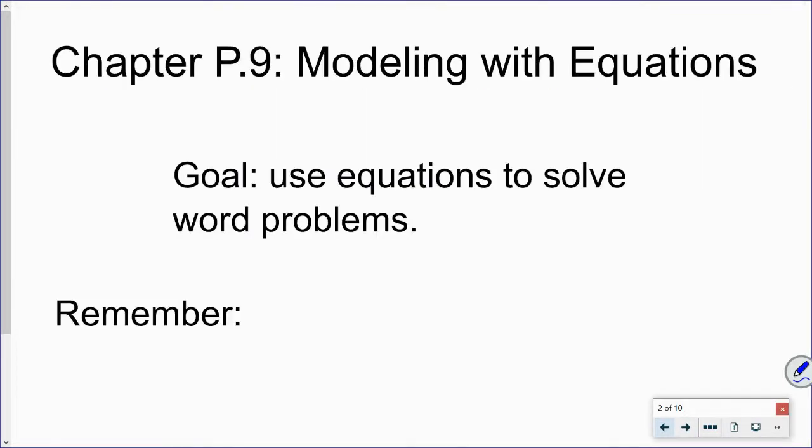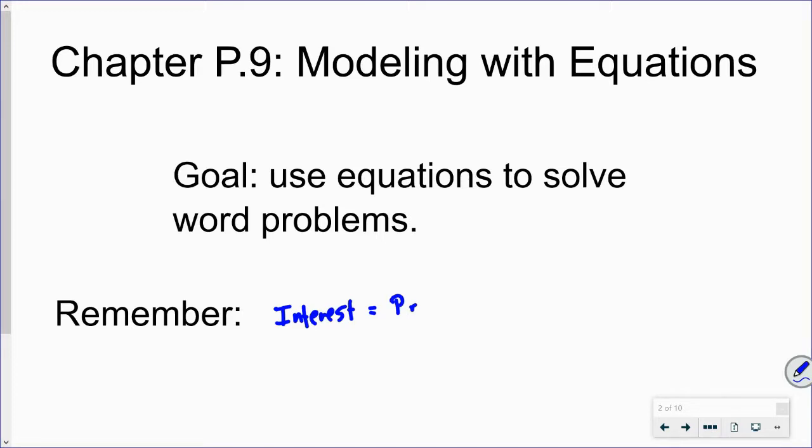Well, so chapter 9 is about modeling with equations, and that's just a fancy way of saying you're going to solve word problems using equations. So there are a few formulas here to remember. One of them is that your interest equals your principal times your rate.